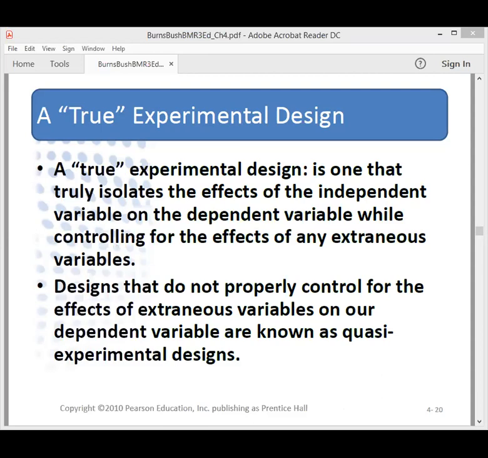The before and after with control group design can be achieved by randomly dividing subjects of the experiment into two groups: the control group, to which you don't apply the independent variable, and the experimental group.